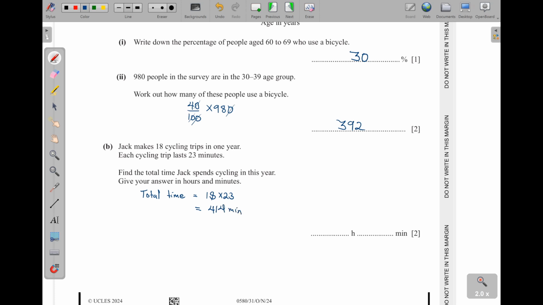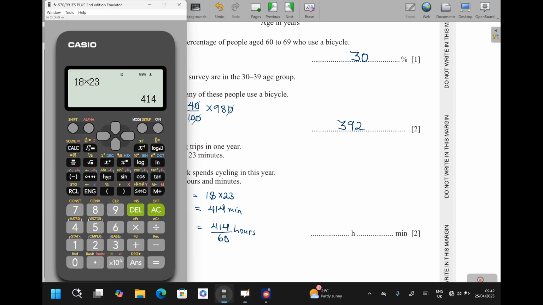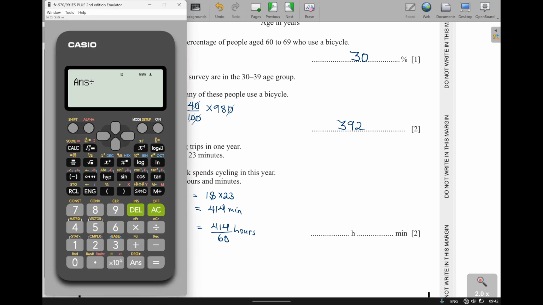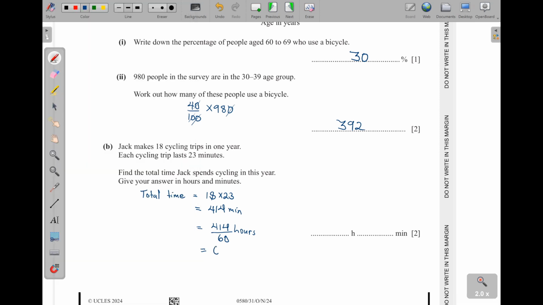Then in hours we shall get 414 divided by 60, because an hour is equivalent to 60 minutes. When we check this on the calculator, divide by 60, we shall get 6.9. So this gives us 6.9 hours.